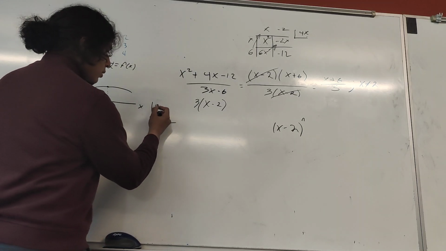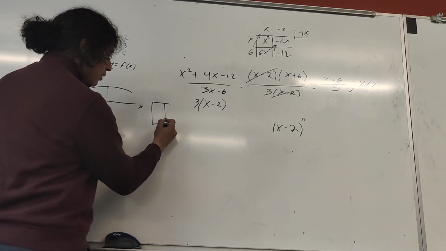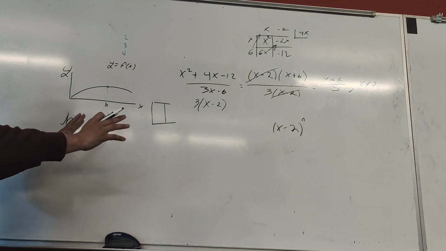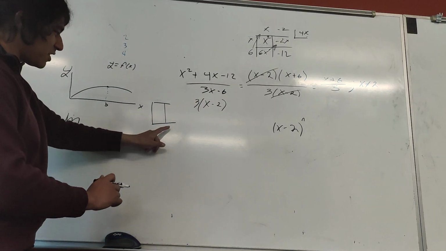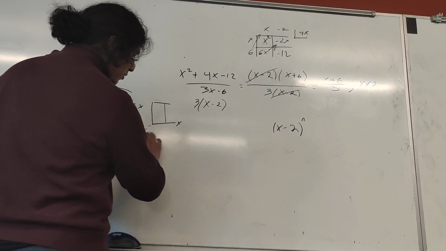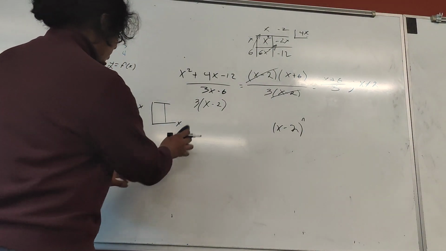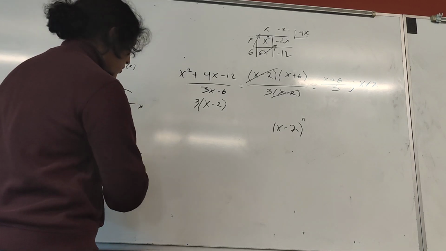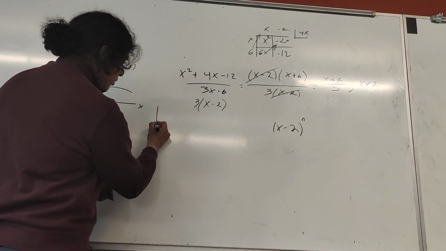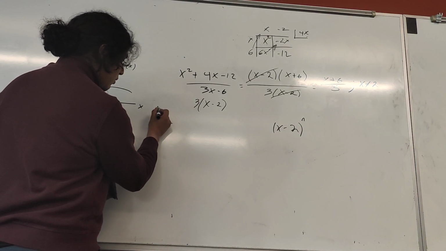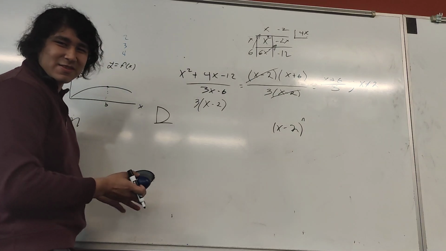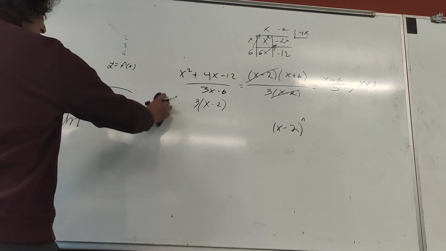I just make an I for independent, which is whatever is on the x-axis, and when you're looking for your dependent variable, you make a D. It's so nice.